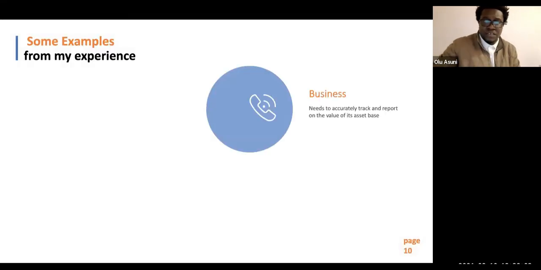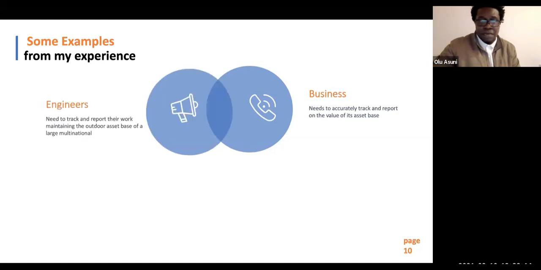Another rather interesting experience: a similar business needs to accurately track and report on the value of its asset base. And the asset base is managed or interacted with most by engineers who also need to track and report on their work in maintaining the outdoor asset base of a large multinational.